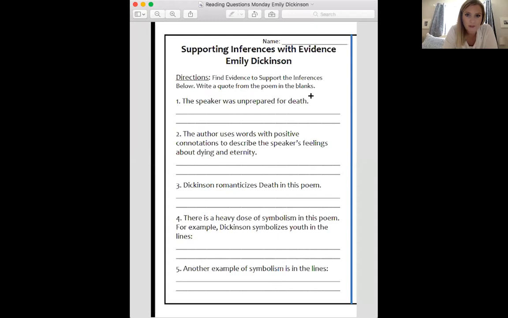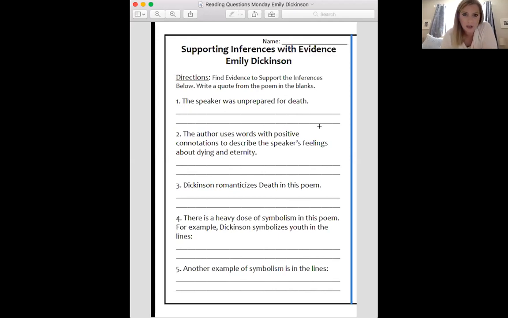It says supporting inferences with evidence, Emily Dickinson. Okay, you guys are going to answer these questions, and we're going to go over the answers in our Zoom meeting. Okay, so you're going to use the poem to answer the questions. I'll help you out with the first maybe 2, and I want you to do 3, 4, and 5.